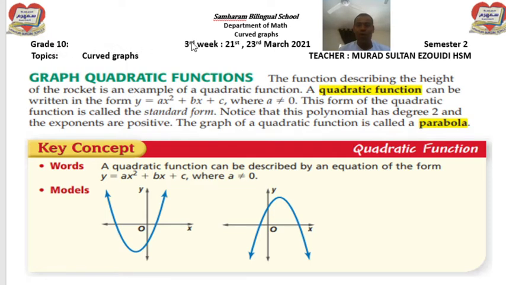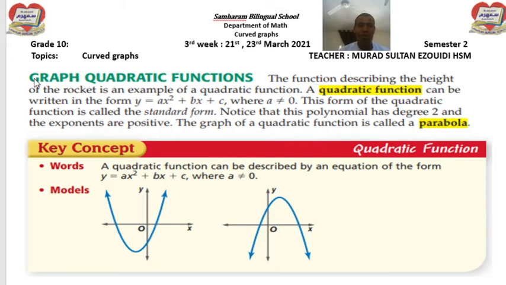Note that this polynomial has degree 2 and the exponents are positive. The graph of this quadratic equation or function is called a parabola. It's called what? A parabola. Okay, clear? Now we move to key concepts.